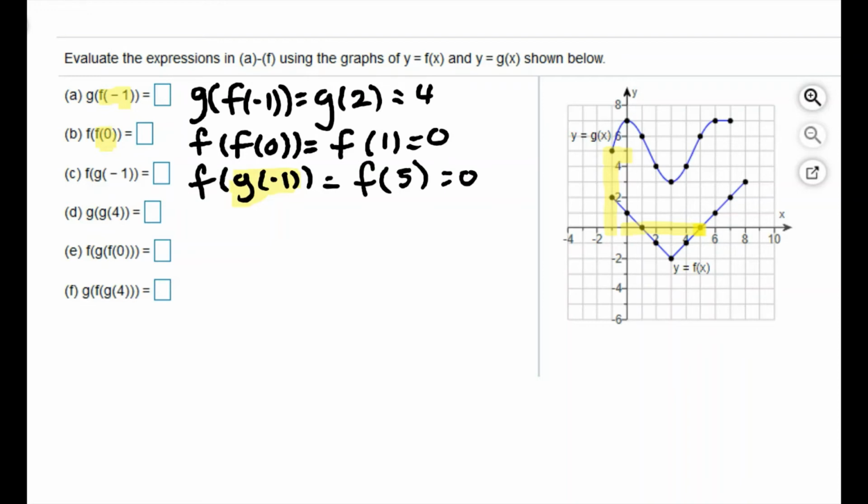Let's try the next one. G of g of 4. Starting on the inside, we're going to find g of 4. Here's an x value of 4. We go up to the graph of g, and we get a y value of 4.